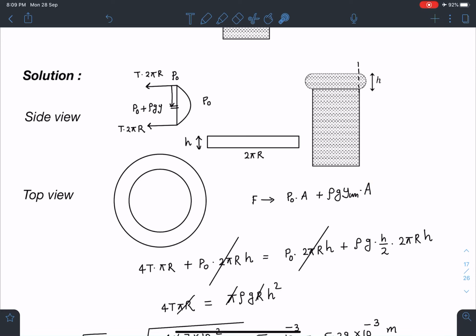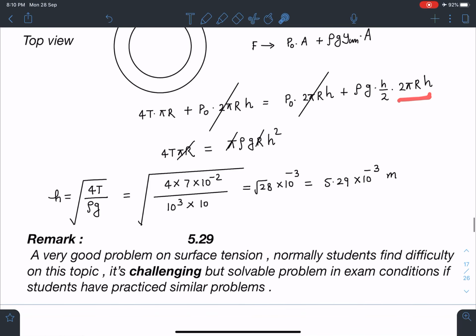So the force due to surface tension is T into 2 pi r, and P naught into this cross-section area, which is 2 pi r h, must balance the hydrostatic force, which is P naught into A, with A being 2 pi r h, plus rho g y_CM into A. Here y_CM is h by 2 at the midpoint, into the area 2 pi r h. When I simplify this, I get h as root of 4T by rho g.